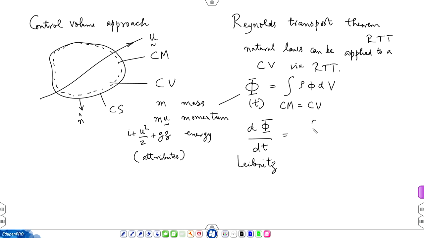So, this is equal to integral over Cv dV plus integral over Cs rho phi u dot n ds.